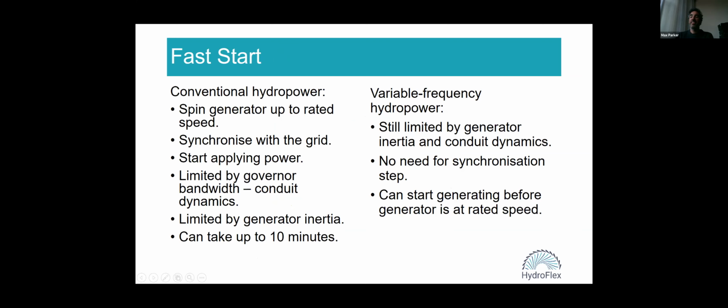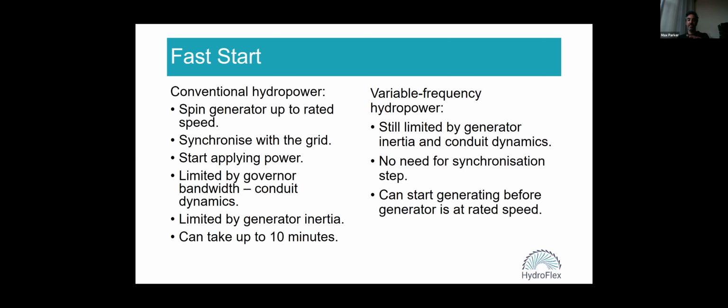So it turns out that this system of power limiting is actually quite good for fast start as well. One of the limits with conventional hydropower for fast starting is that you're having to spin the generator up to the rated speed, which is quite slow due to the waterway dynamics and the generator inertia.